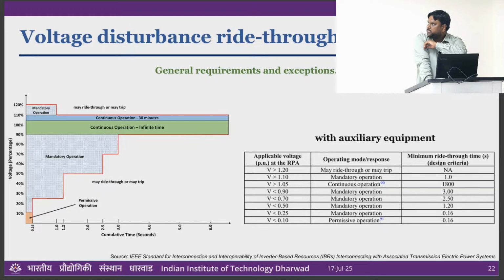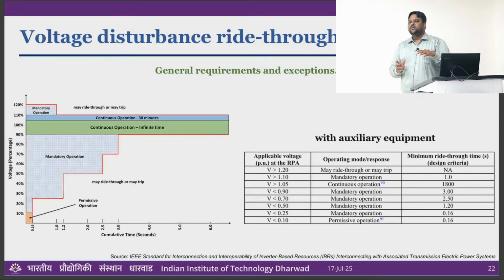So fault ride through, the classical meaning is, if a fault happens, generally to save your plant you disconnect. But ride through, as the English words mean, you stay connected, you ride through the fault rather than disconnecting. They have given that you need not stay connected for longer.